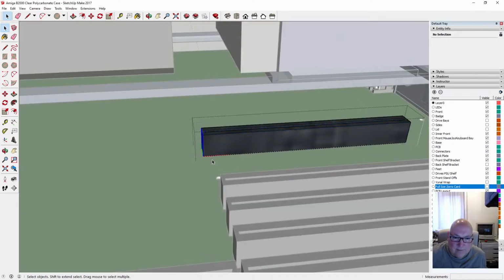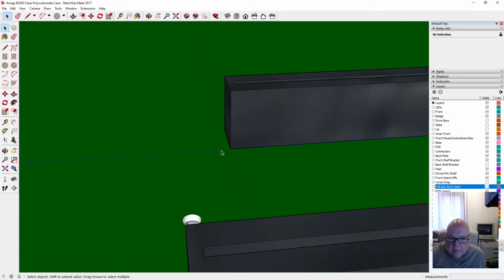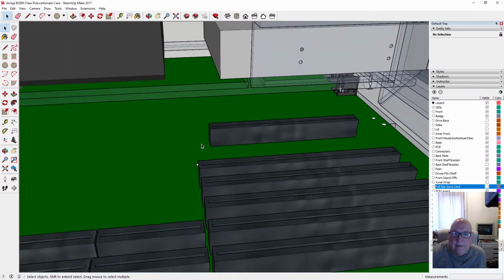Is it 17.5? Let's try it. 17.5. Okay, so yeah, that's it, we're right. So we'll take off that and that, and this one. Right, so we've got our slot in the right place now with a bit of luck.